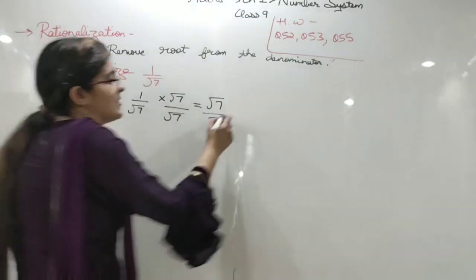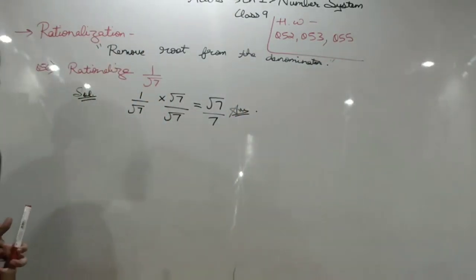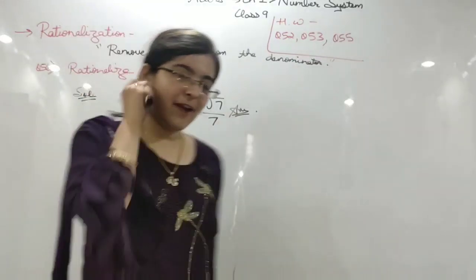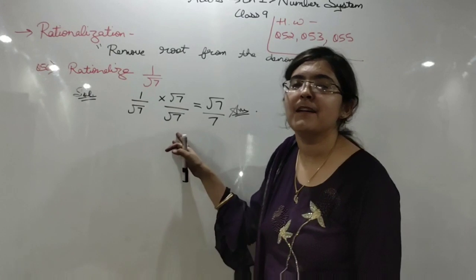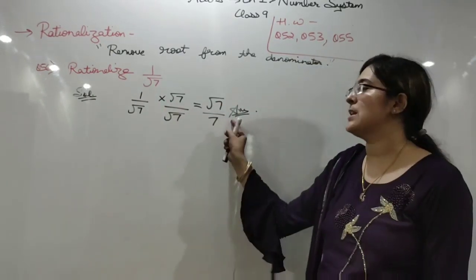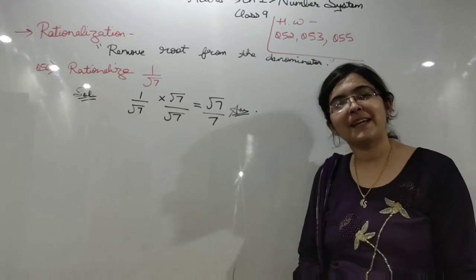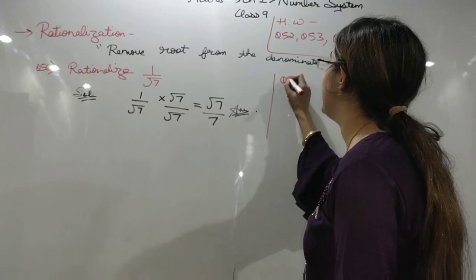Root gets cancelled, so this is your answer. That's it. You have to just multiply and divide it by the same number which is in the root here. So the root is removed in the denominator. Is it clear?